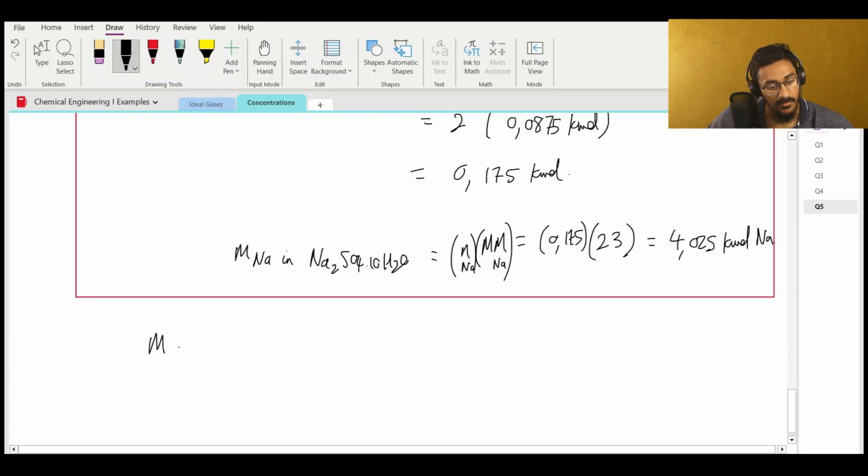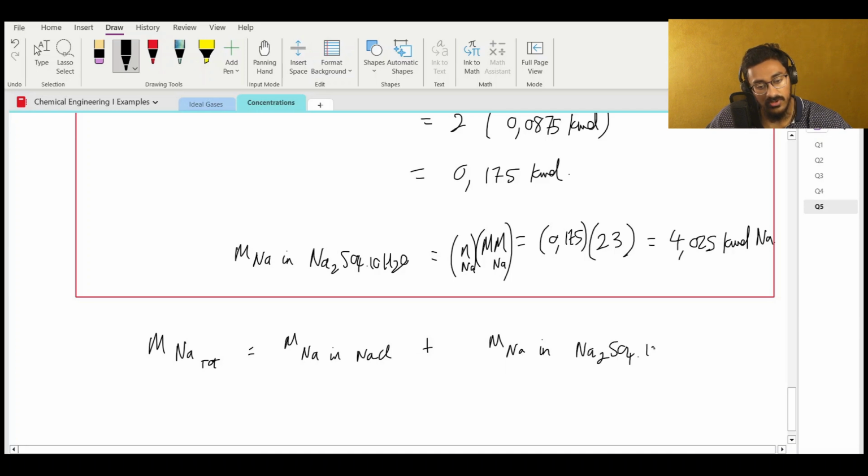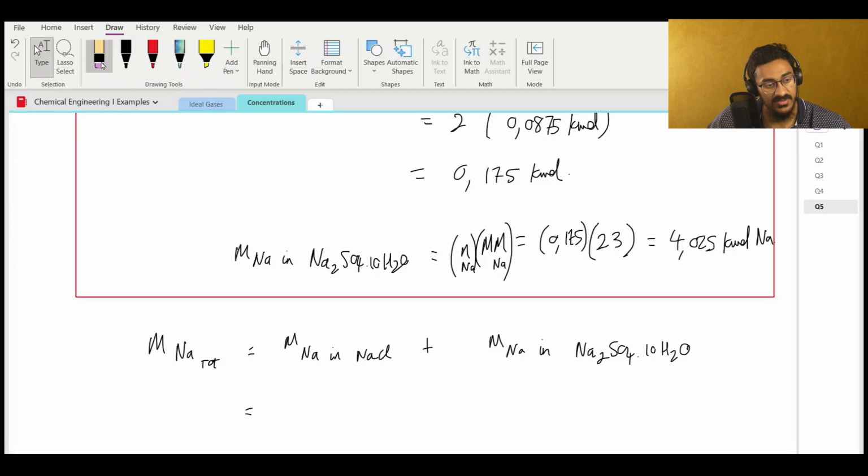So the mass of Na total is equal to the mass of Na in sodium chloride plus the mass of Na in Na2SO4.10 waters. Okay, so that gives me, even here I made a mistake.